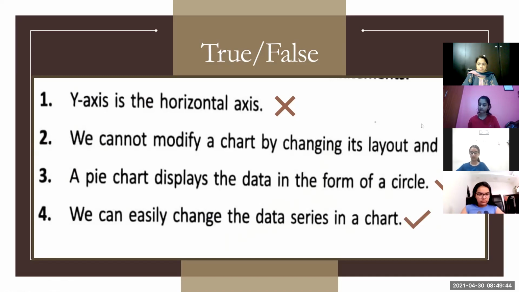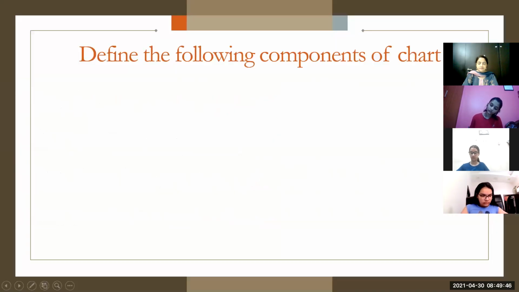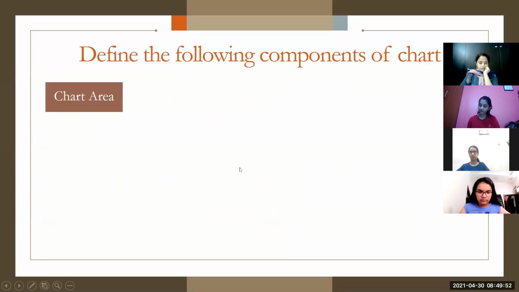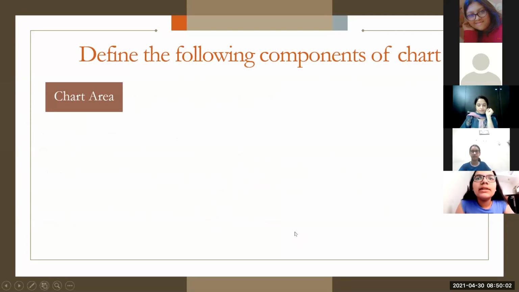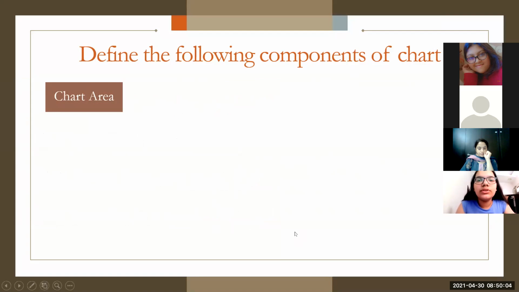Next one. Define the following components of chart. Let's see who can define now. First component is chart area. What is chart area? Only one student will give answer. Jasleen. Chart area is the total region wherein chart is inserted.